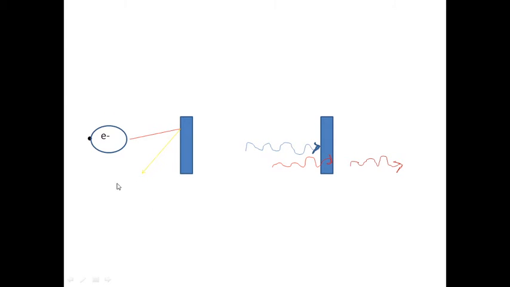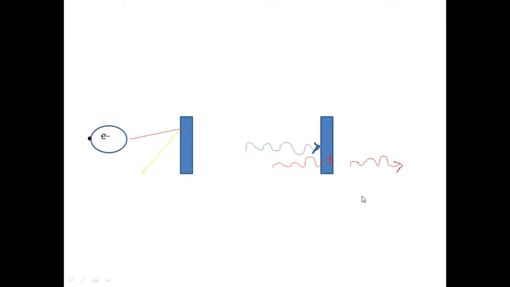Here the reflection occurs. While when the electron behaves like a wave, that electron has the capability to pass through that wall, and this is known as quantum tunneling.